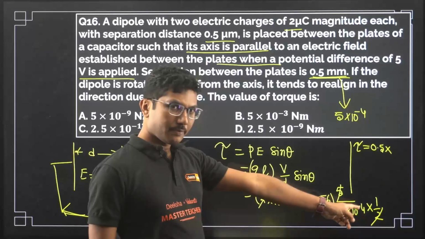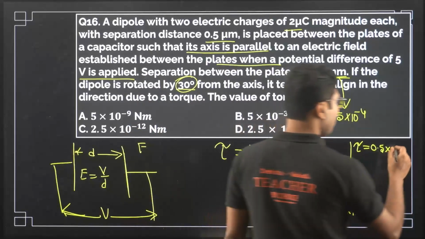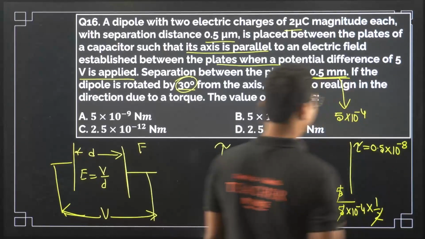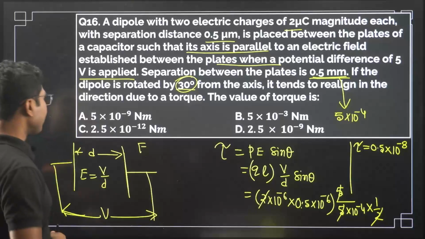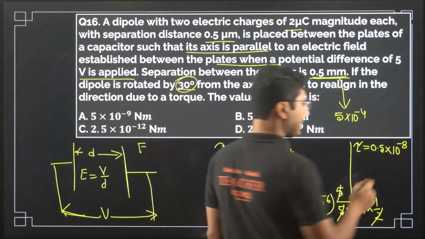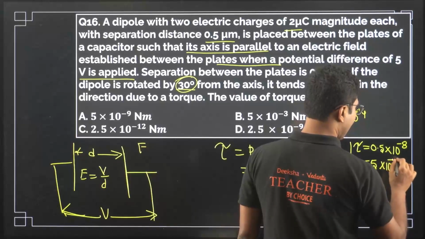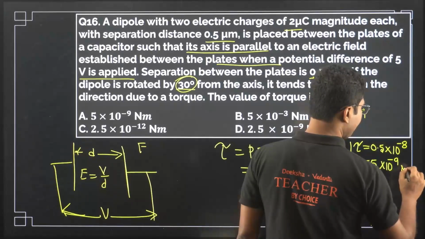This is in division, plus 4, so it will be 10 to the power of minus 8. 0.5 into 10 to the power of minus 8, or it will be 5 into 10 to the power of minus 9 SI unit, Newton meter.